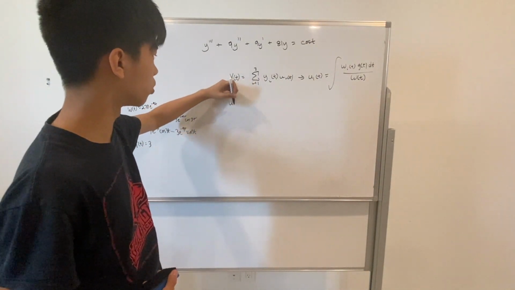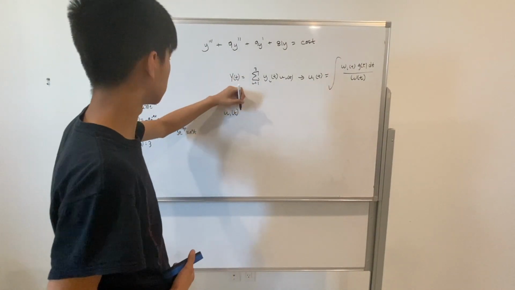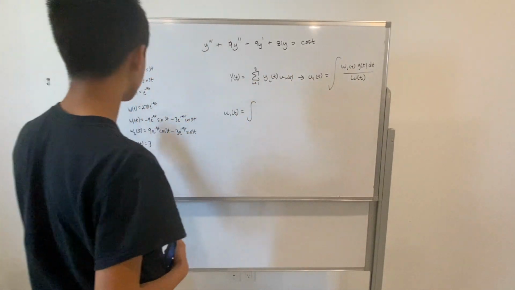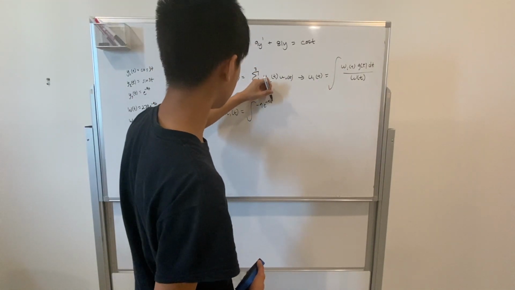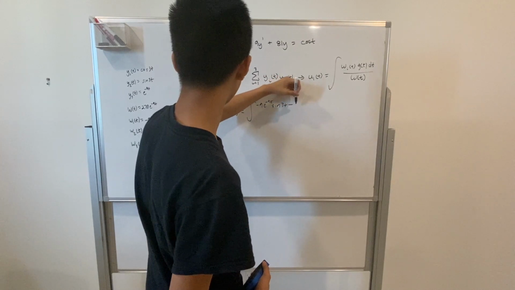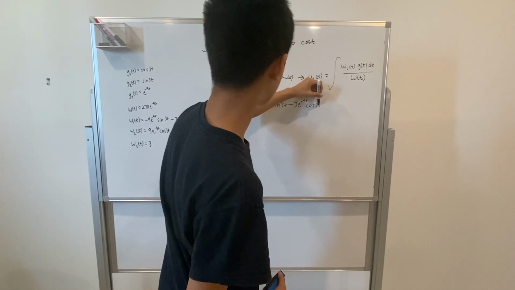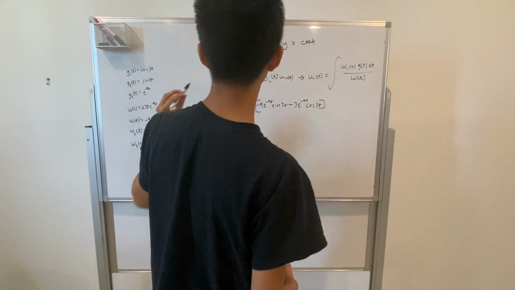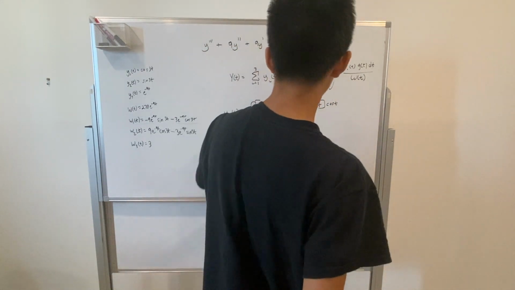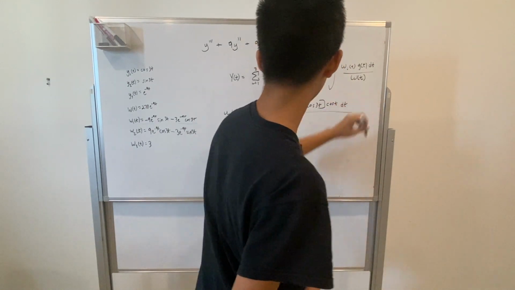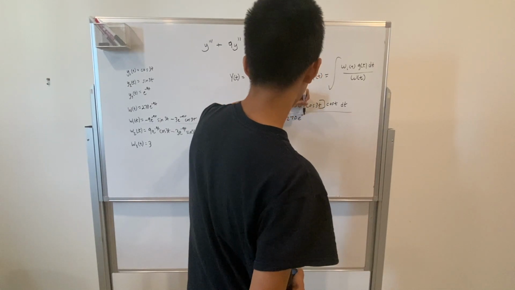So let's find u1 of t first of all. Let me give myself a little more room. So u1 of t is equal to the first Wronskian, which is this one, negative 9 e to the negative 9t sine of 3t minus 3 e to the negative 9t cosine 3t, times g of t, which is cosine of t, dt over that Wronskian, so that's 270 e to the negative 9t.